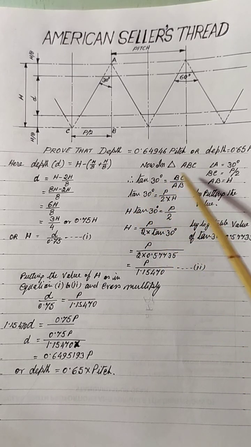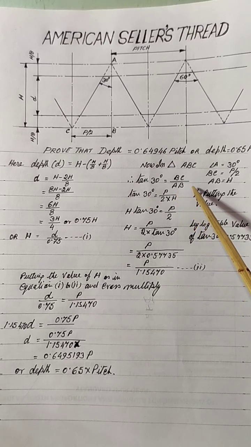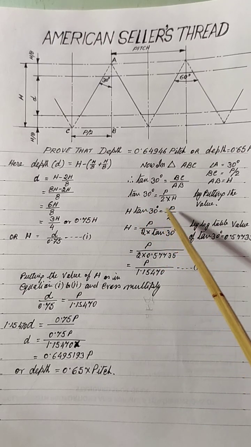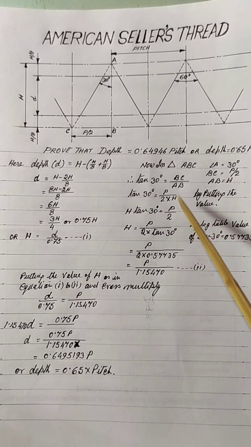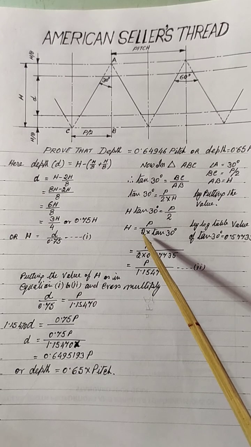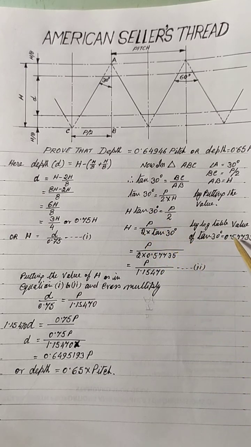Put the value of BC, P by 2, AB is equal to H. So H tan 30 is equal to P by 2. So H is equal to P by (2 into tan 30). Value of tan 30 is 0.57735.